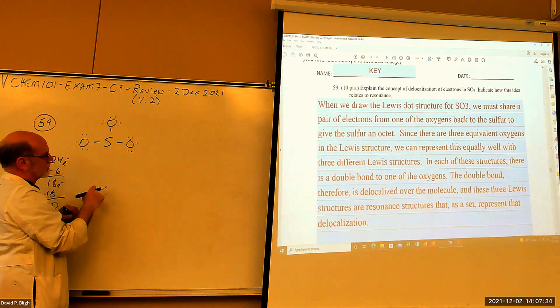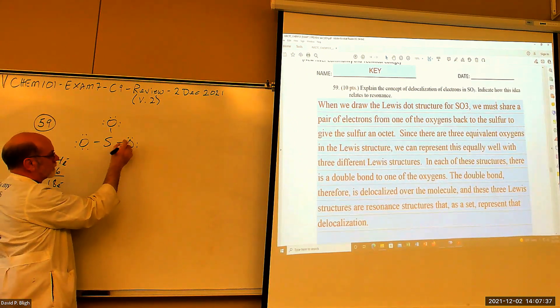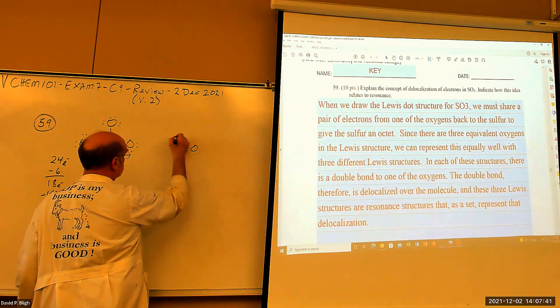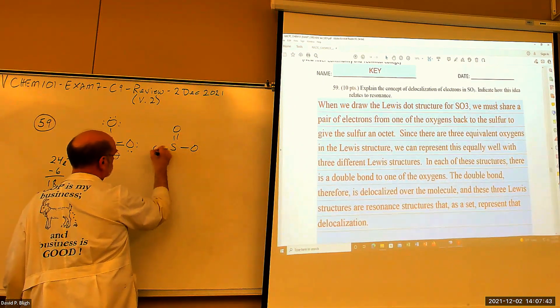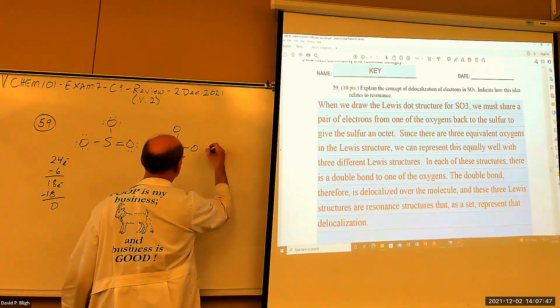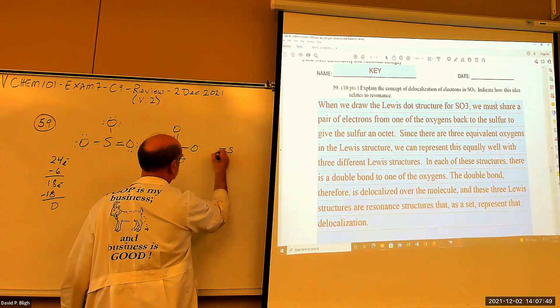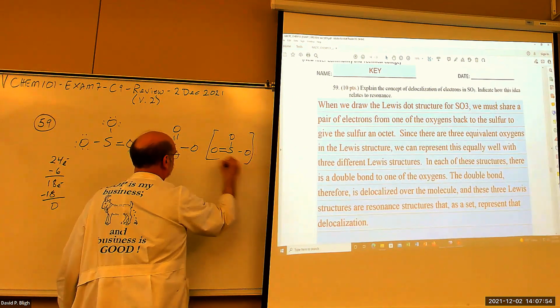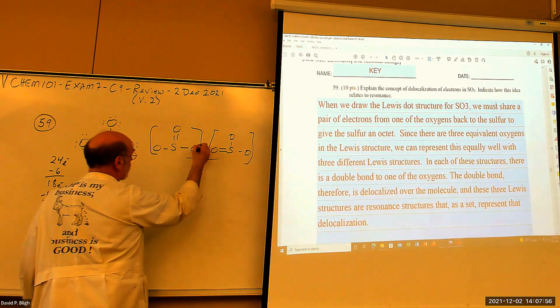Okay, now to make an octet, we can draw a lone pair from any one of these oxygens. Right? If we do it from this one, it gives us that structure. If we do it from this one, it gives us that structure. And if we do it from the last one, it gives us that structure. Now, with the valence bond theory, we have to resonate.